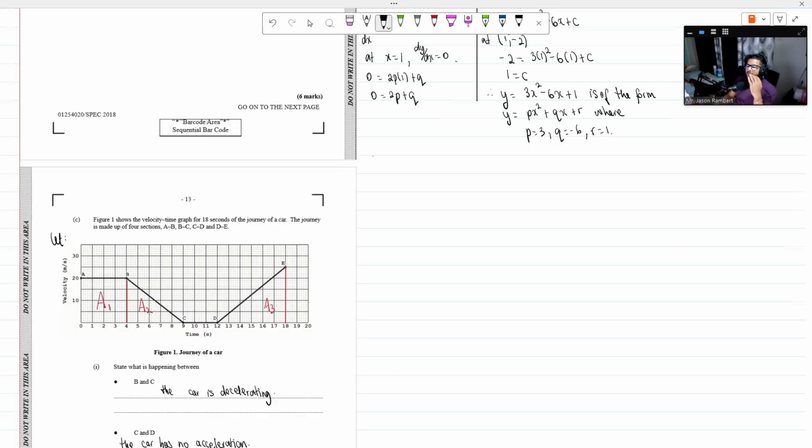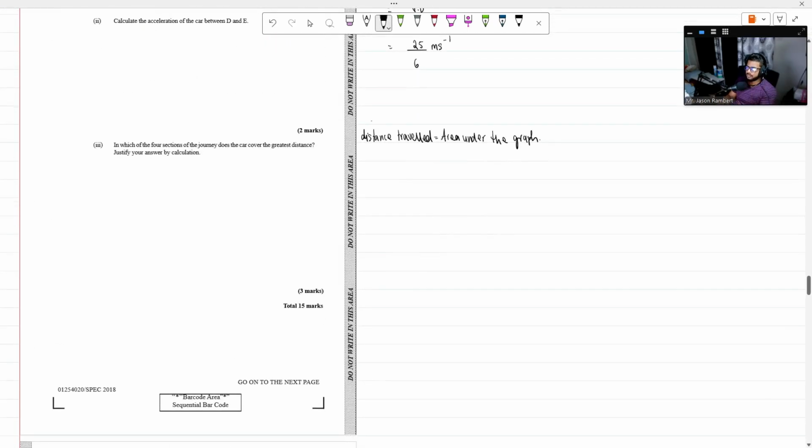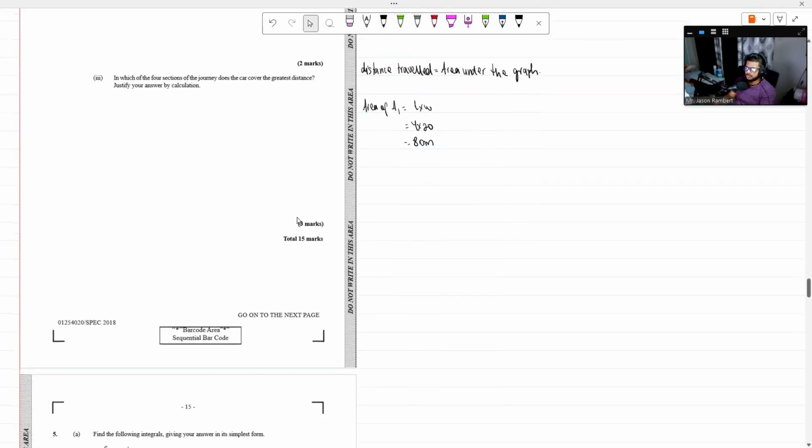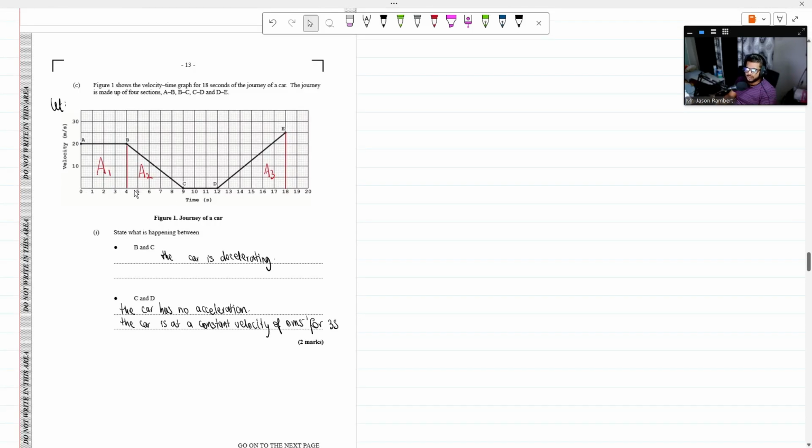So area of A1 is length by width, which is 4 by 20, which is 80 meters per second. Good.